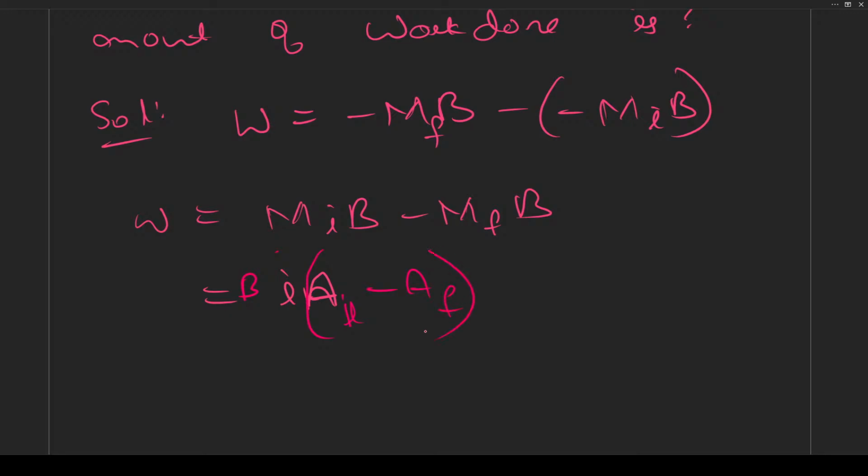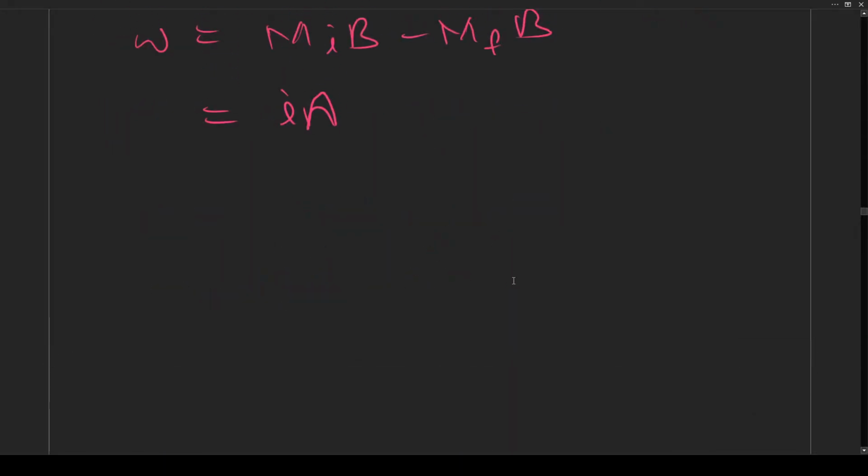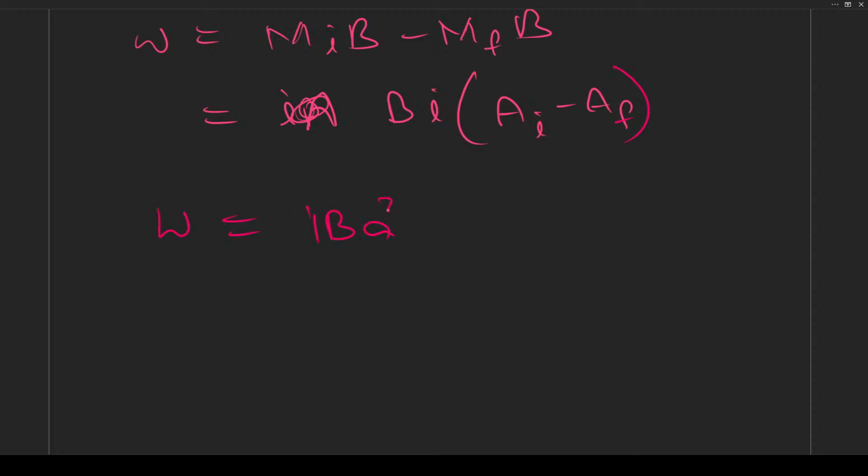B I common, A initial minus A final, which will be equal to I B a square common, 1 minus 4 by pi, because the initial area, which was a square, is a square, and the final area, which was a circle, is pi r square.